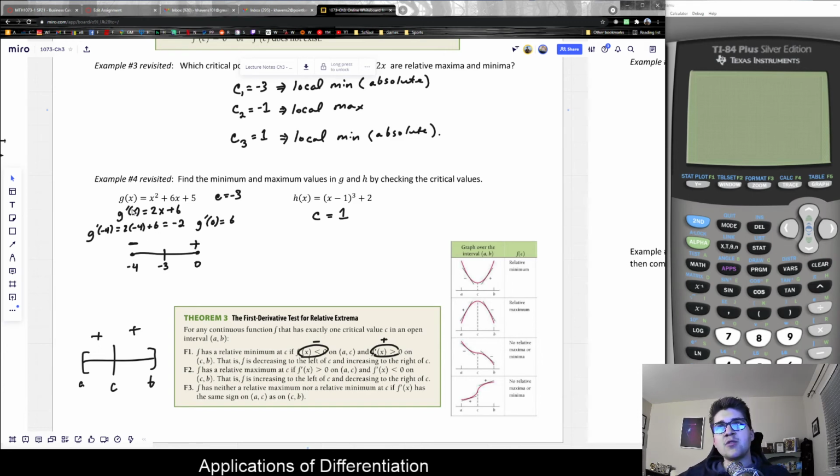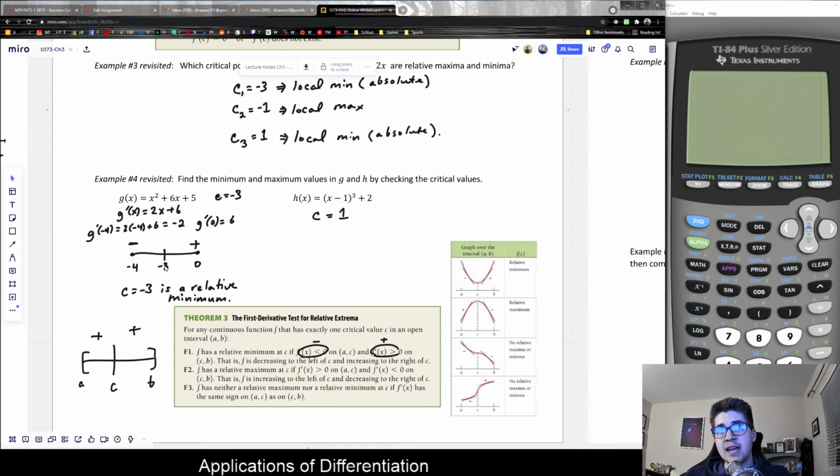And again, changing from negative, decreasing, to positive, this will be a relative minimum because of the first derivative test. And basically, you could memorize this sort of diagram or put it on a note page or whatever, but it's common sense. It has to do with the slope of the curve.